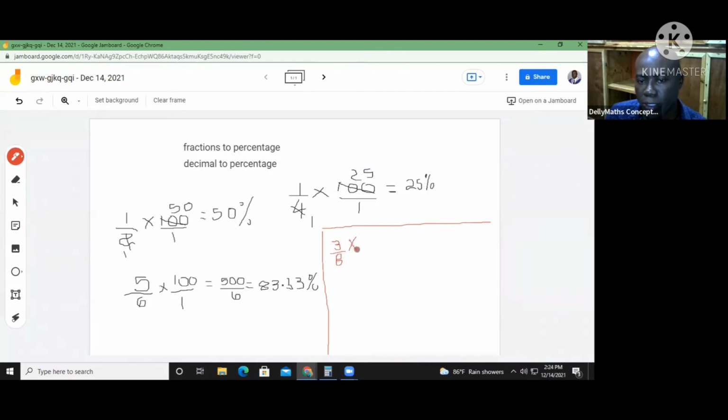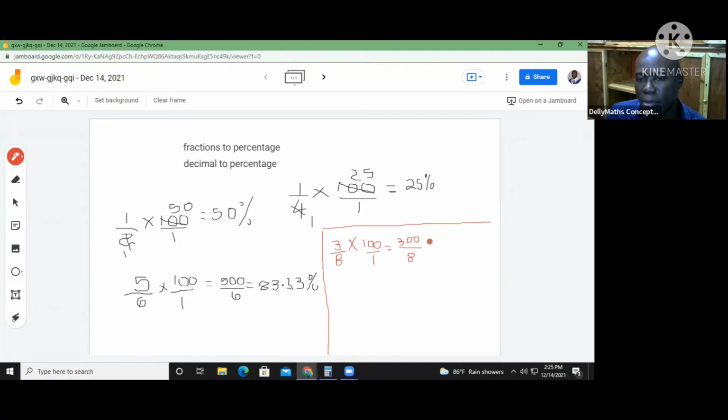The principle remains the same. Anything at all we change into a percentage, we multiply by 100. So you could see 100 over 1. If you feel like you can cancel, go ahead. If not, you could just say 3 times 100 gives us 300, divided by 8 times 1, which gives us 8.